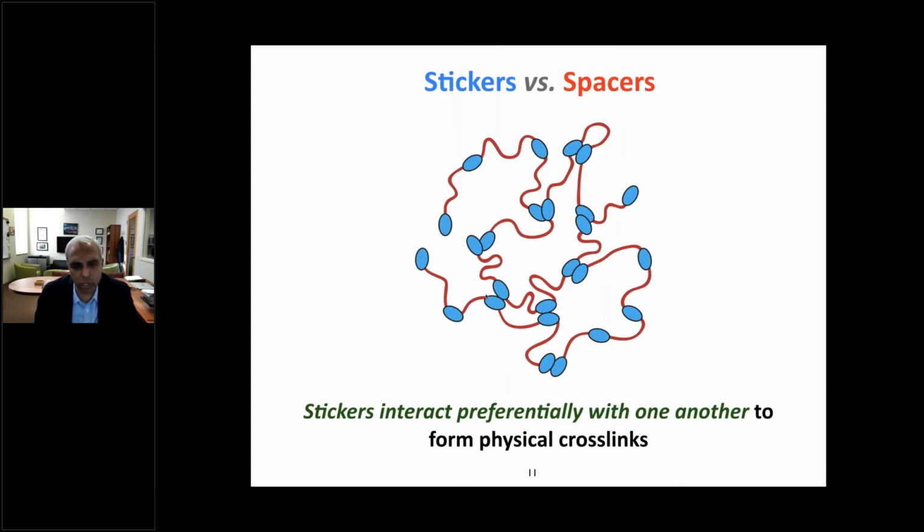They can interact with the spacers, or they can interact with the solvent. And in this three-way interplay, a motif or a domain emerges as being a sticker because it preferentially interacts with itself. And these interactions generally show up in the form of physical crosslinks that also then confer upon the higher order structures a network-like architecture, which we will come to later during the talk.